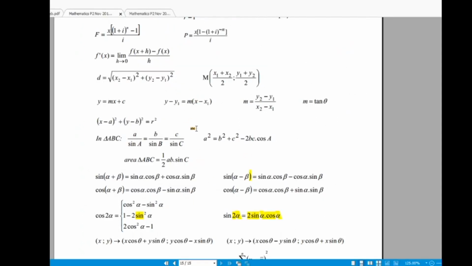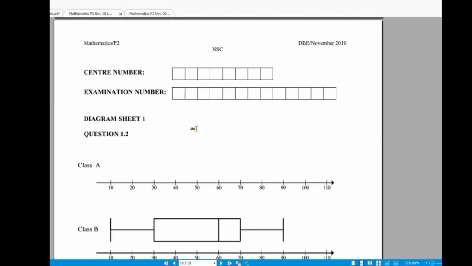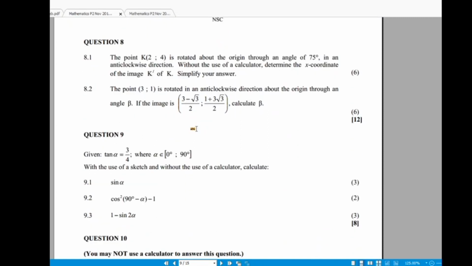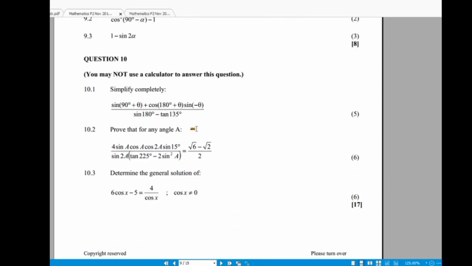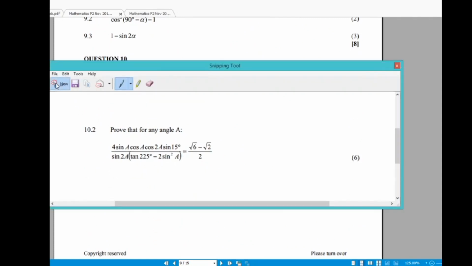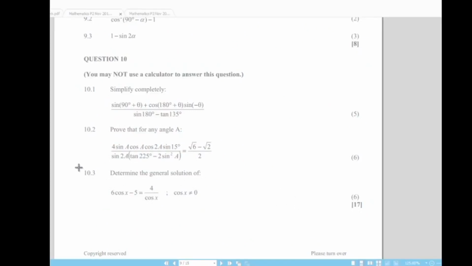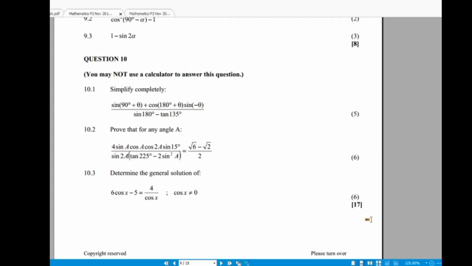And then moving on to 10.3. Let us copy 10.3.